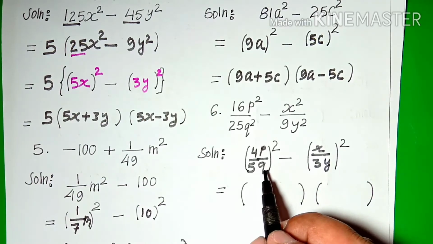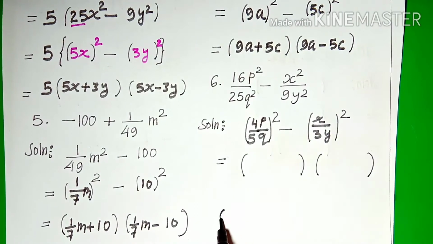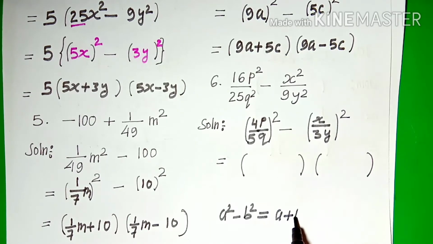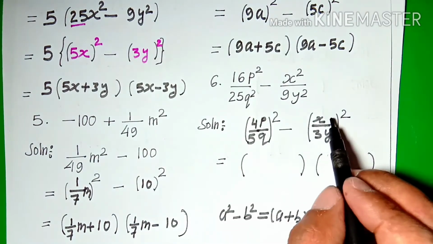So I've got this in the form of a square minus b square. We know that a square minus b square equals a plus b times a minus b. So here a plus b, a means this value, b means this.